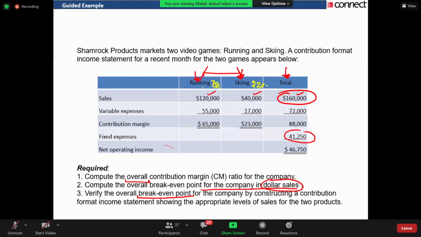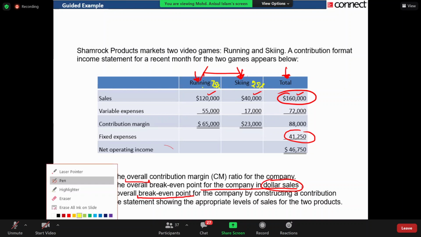Okay, so we can use this number for our requirement 3.